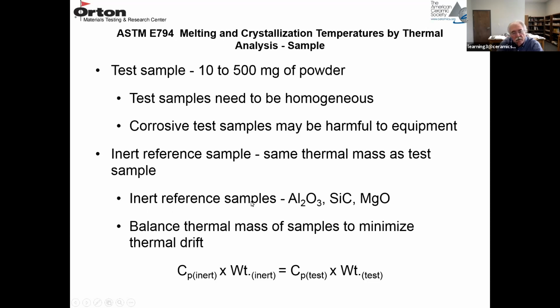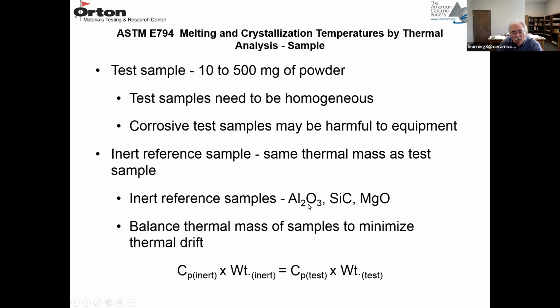The inert reference sample is usually alumina. It can also be silicon carbide, especially if you're using an inert atmosphere so you don't oxidize the silicon carbide. Or another inert sample is MgO. We always use alumina.